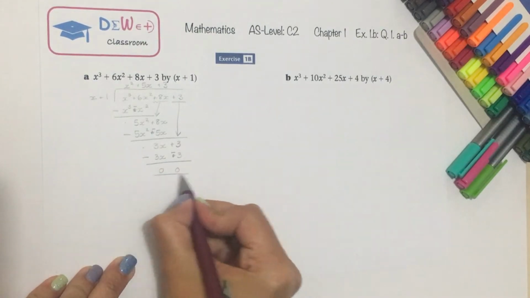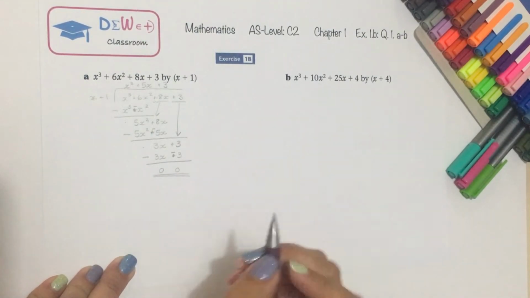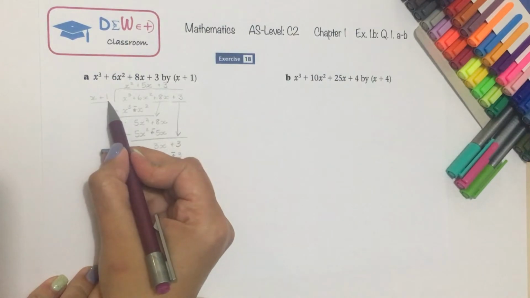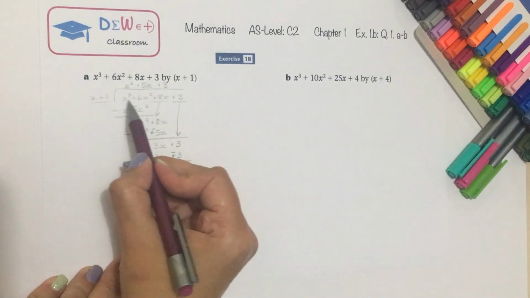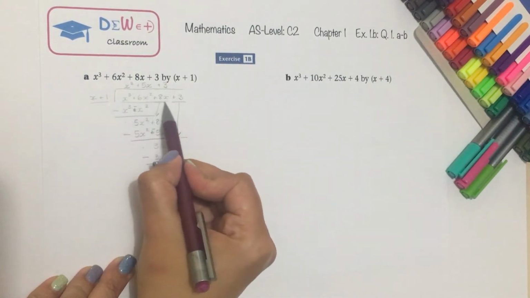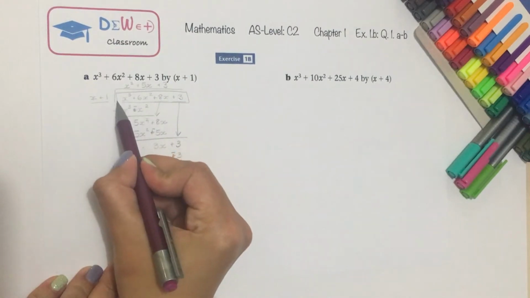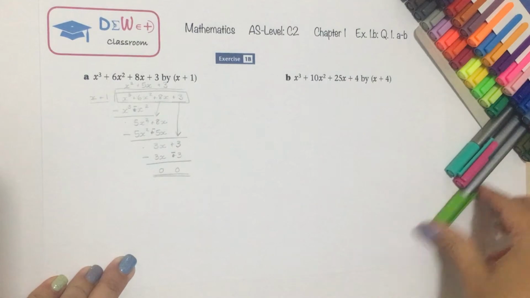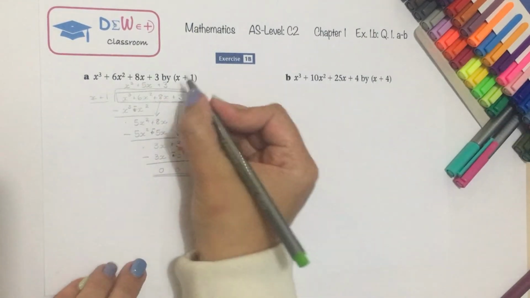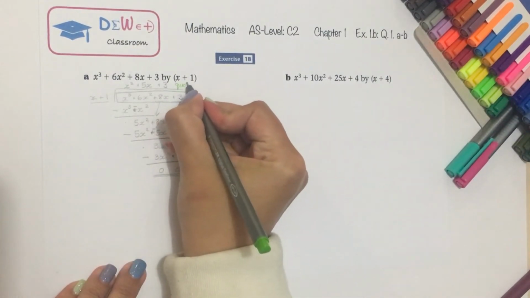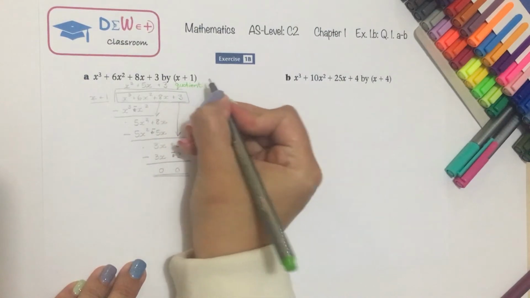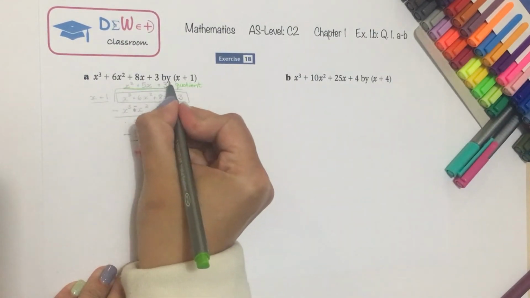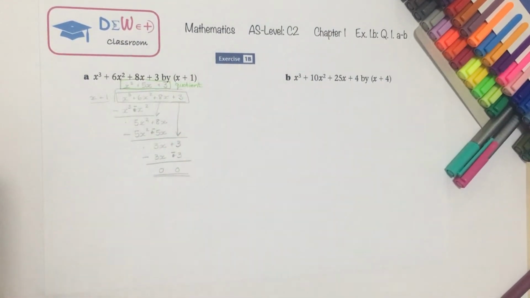And because this answer is 0, we now know that x plus 1 is indeed a factor of this polynomial, and that is called the quotient. It is really important to know that the terminology with this part is called the quotient, right?